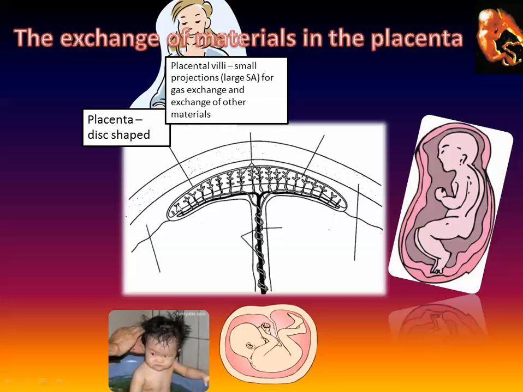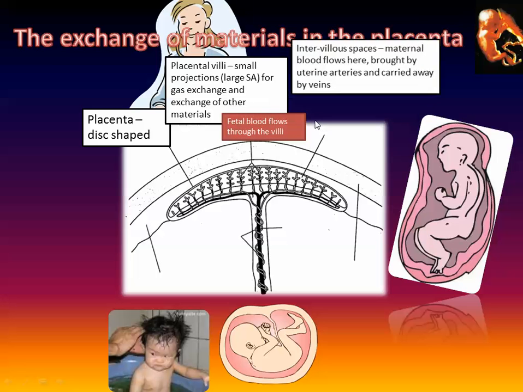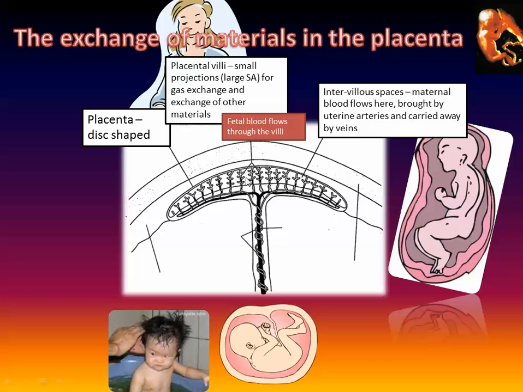So you see surface area increasing in many different aspects of everything in the system. So here, anytime there are small finger-like projections, it's to increase the surface area. It increases the rate at which materials can diffuse across. The fetal blood actually flows through the villi here, and in the spaces in between, can you see this clearly here?